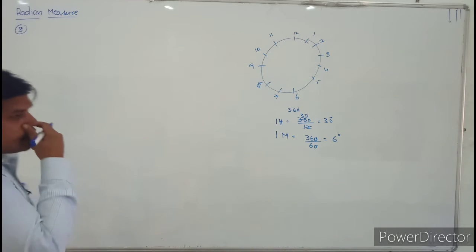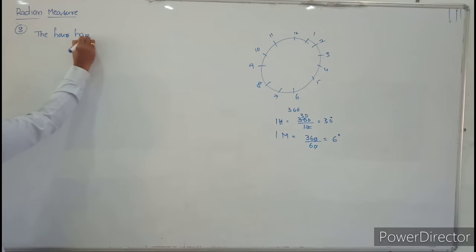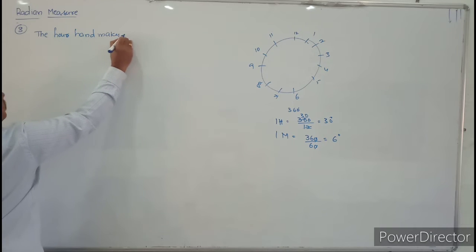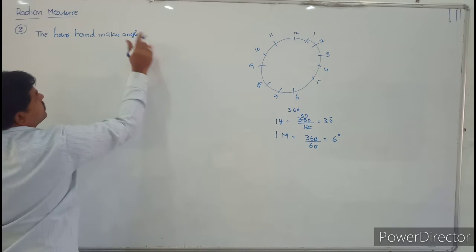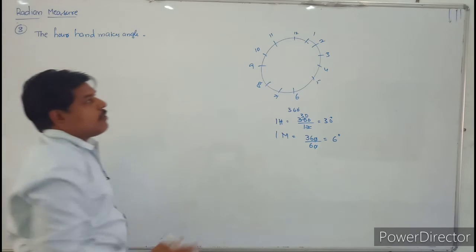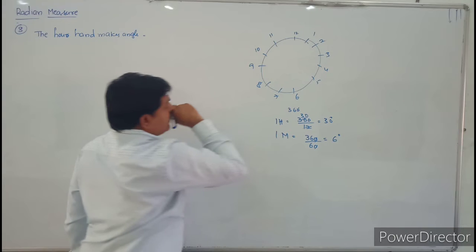So here, see students, the hour hand makes an angle. How can you calculate that? What rotation is completed, I will calculate that.